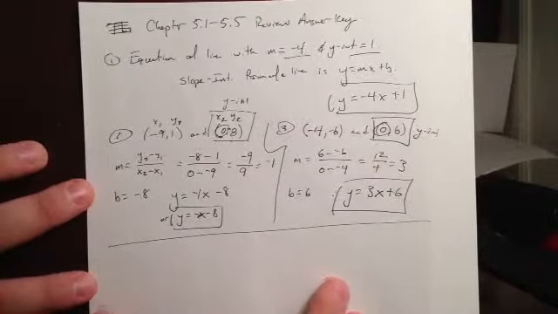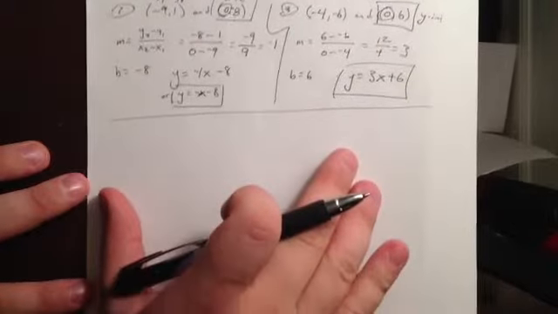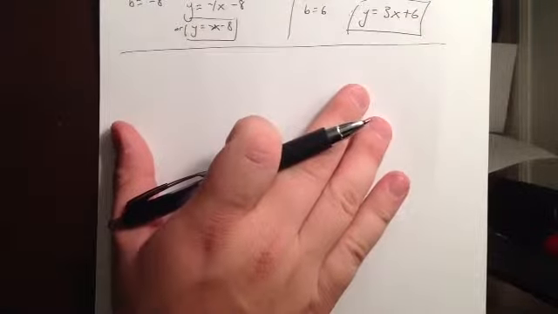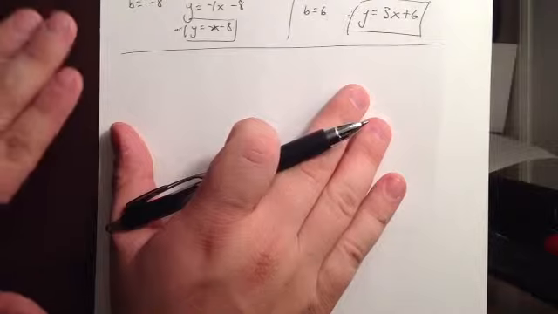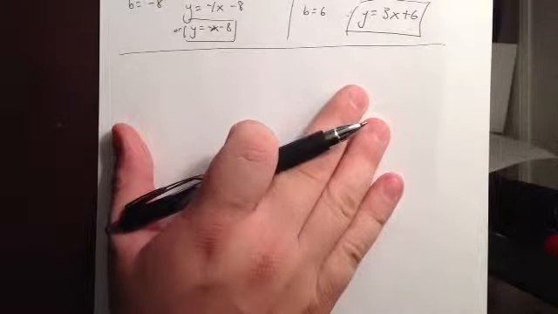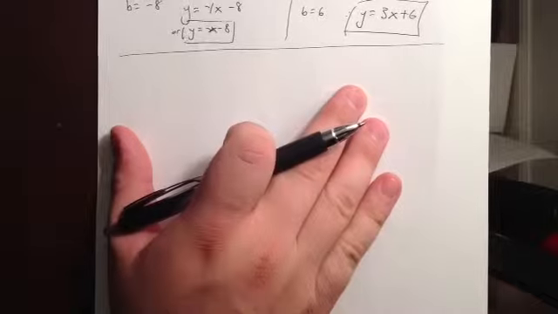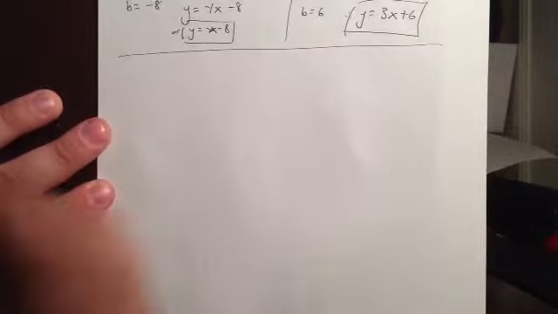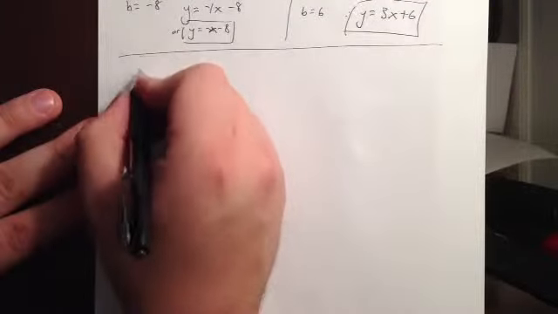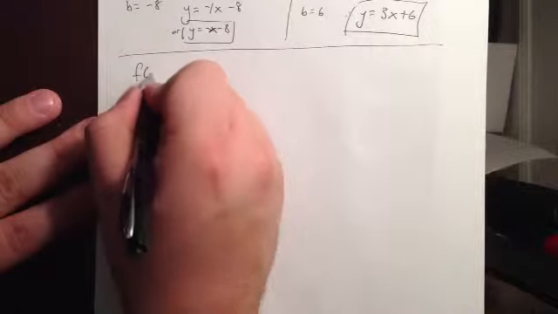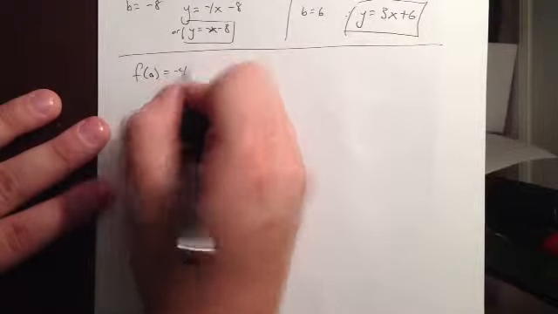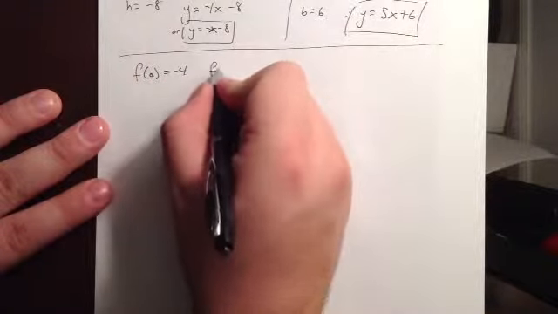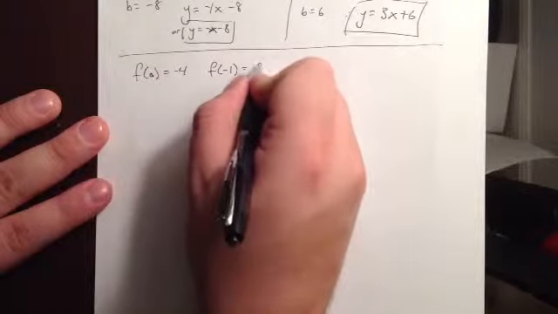The next problem concerned using function notation, but it still was of the same formula. So it said write an equation for a function f where, given the following two relationships, f of 0 equals -4 and f of -1 equals -9.